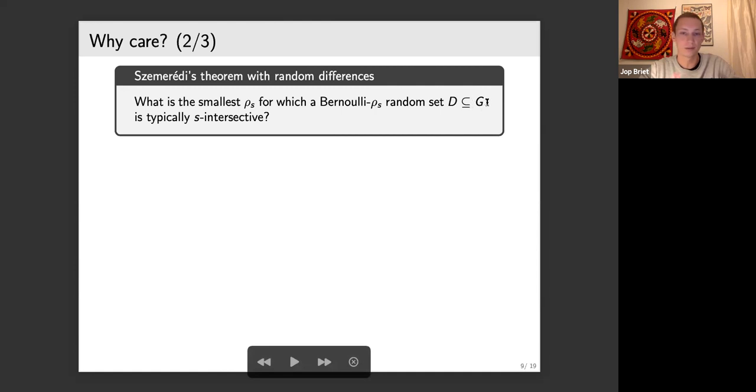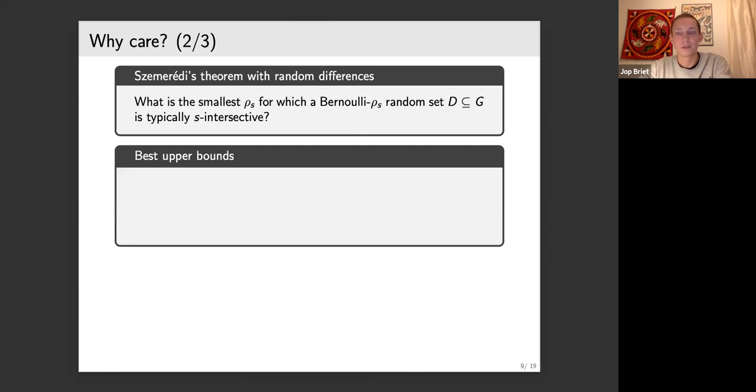Here I'm letting the group be an arbitrary finite abelian group again. A Bernoulli rho_S-random set is one that contains every element of your group independently of the others with probability rho_S. And typically I'm interpreting this as holding with probability, say, a half. A half is arbitrary; I'm happy with just positive probability.